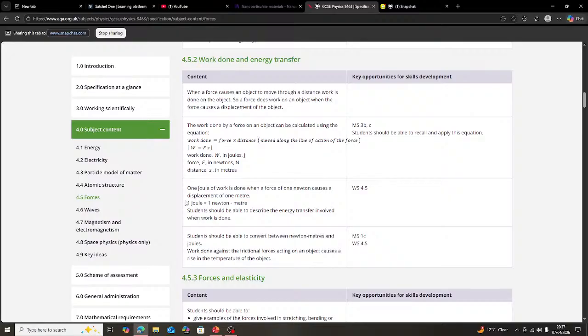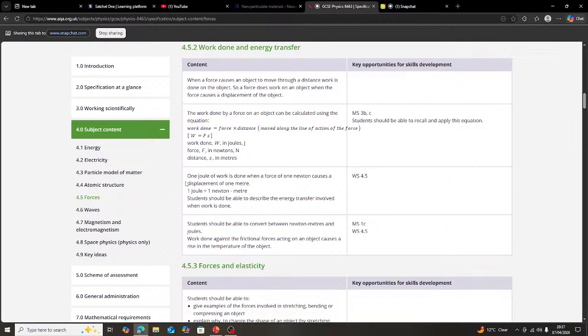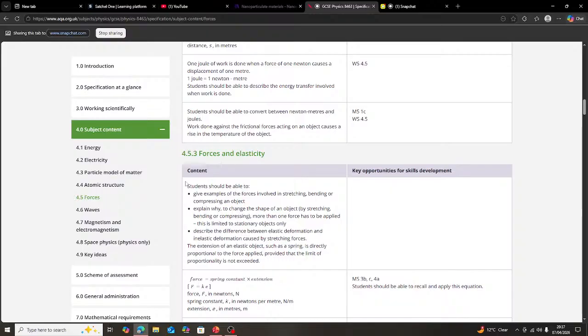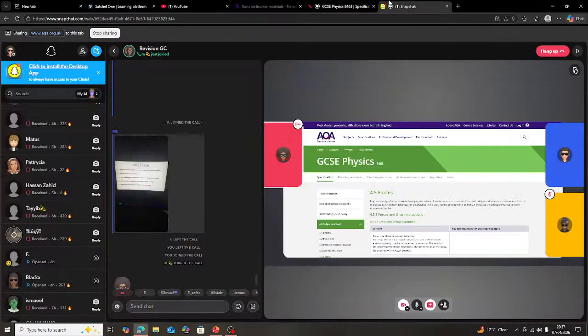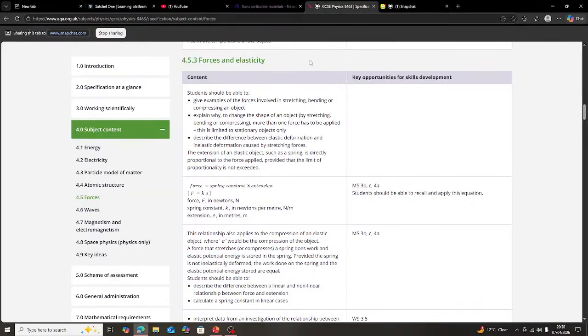Then work done is the amount of energy done, or the amount of energy that's put in. How much work is done.